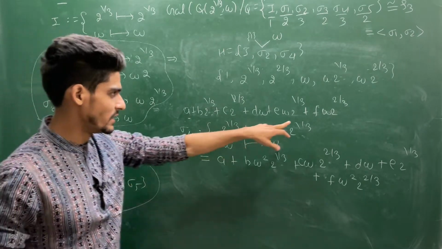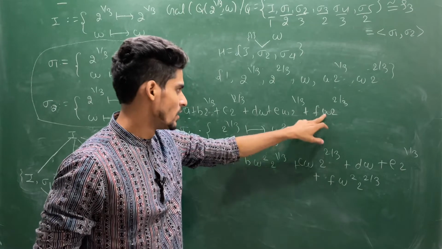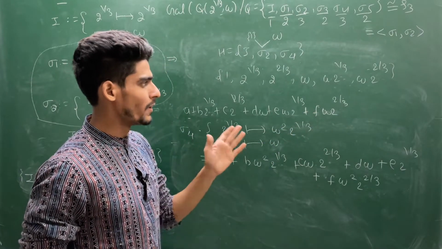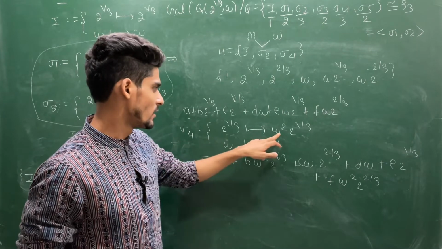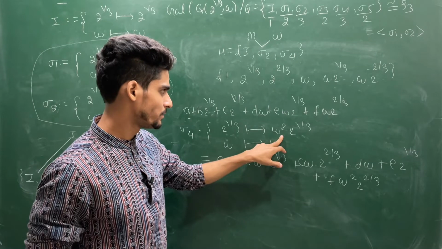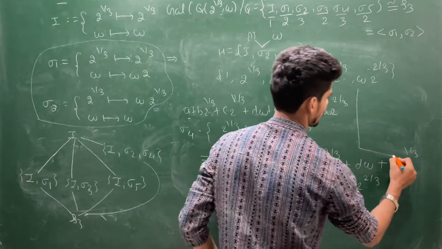Let me verify once again this element. F omega times 2 power 2 by 3. So f will be fixed. Omega is going to omega. 2 power 2 by 3 will be 2 power 1 by 3 whole square. Let me write here.